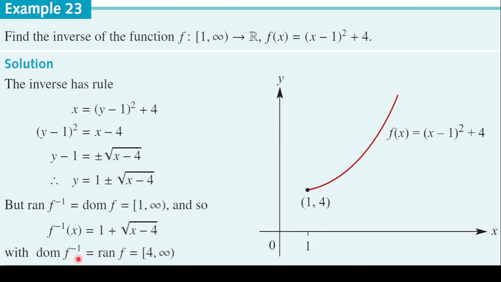To find the domain, it's going to be the range. So the endpoint is when you have x equals 1, you substitute in the rule that gives us y equals 4, and that will give us the range starting from 4 to positive infinity.